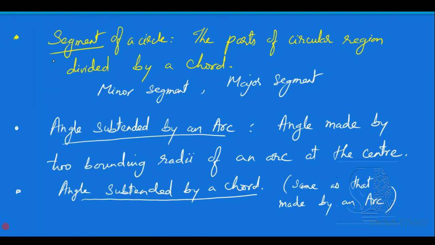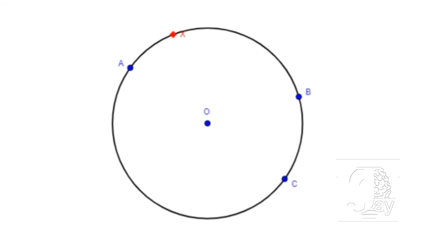Then we have segment of a circle, the parts of circular region. So it's a circular region divided by a chord. So we have two regions divided. The smaller one is a minor segment and the larger one is a major segment. The chord AB divides the circular region into two parts, the minor segment and the major segment.